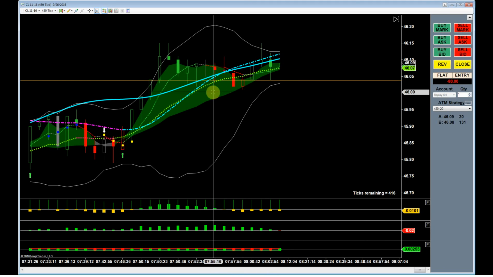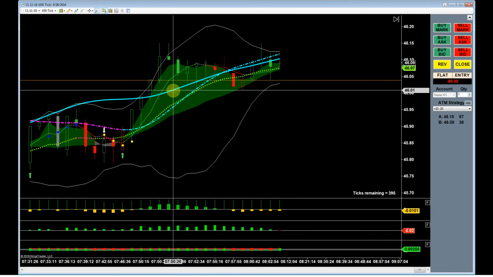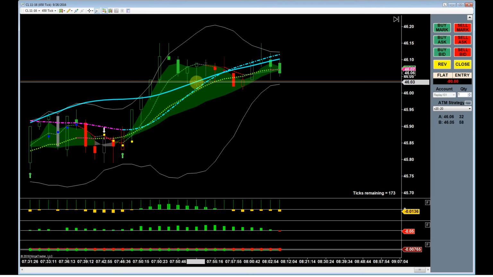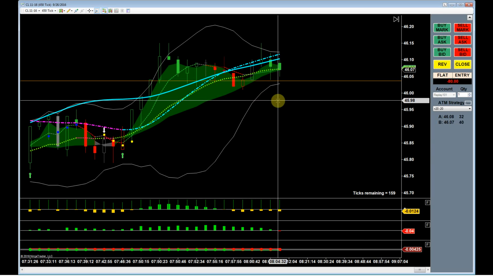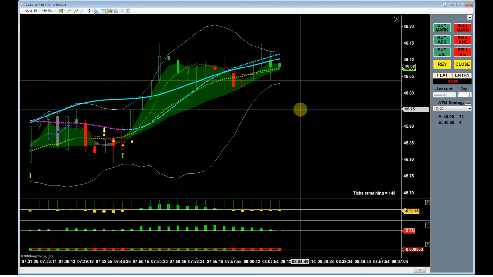Anyway, so we're now watching for the next possible trade setup to occur. I wish when I was trading every day I could turn the market on faster.